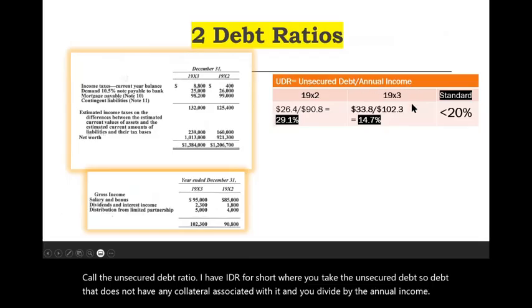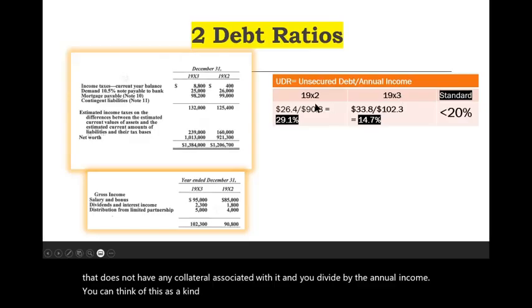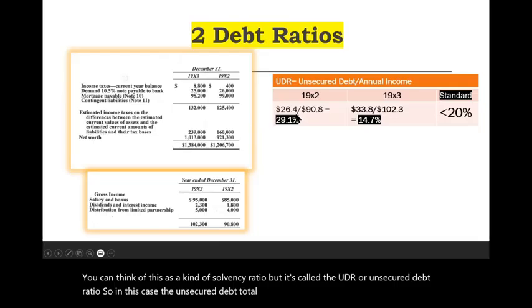You can think of this as a kind of solvency ratio, but it's called the UDR, or unsecured debt ratio. So in this case, the unsecured debt totaled $26,400. You can see if I add these two, that's where I got that from.